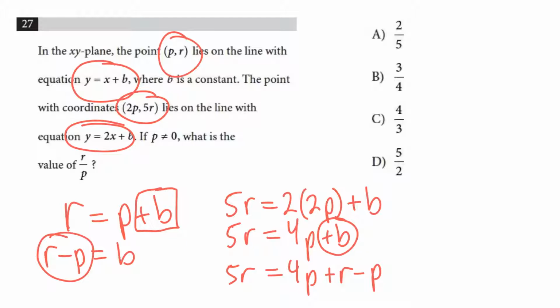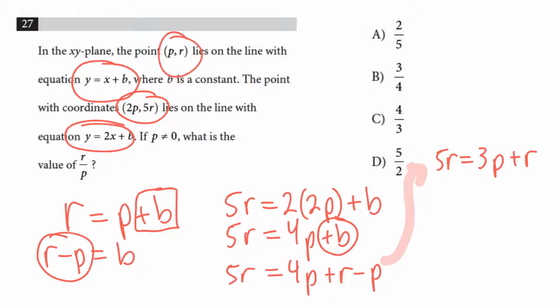Okay, I'm going to give myself some room up here. I'm going to combine like terms. I'm going to get 5r equals 3p plus r. If I can get r and p, I'm going to subtract r from both sides.